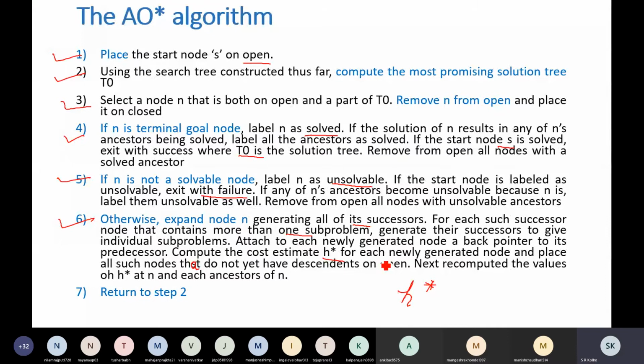Otherwise, there might be a case where their descendants are already on open. What is that situation? If that is the case, that means you are going through that particular node twice. Earlier also you have gone through that particular path.